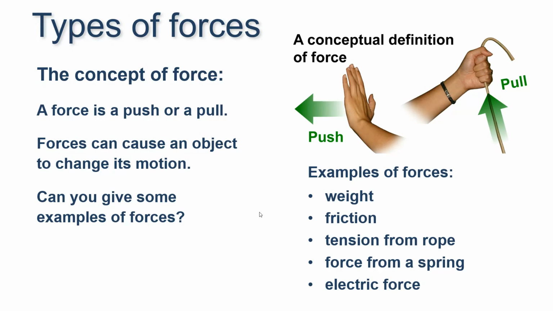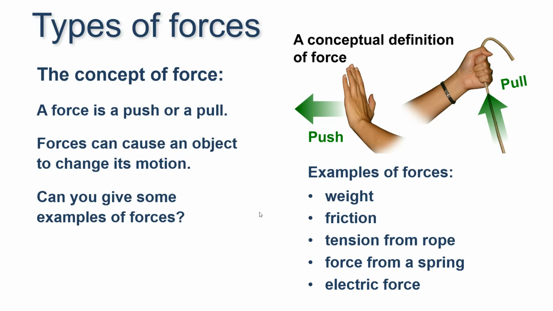If I push the spring like this, as soon as I let go, it's going to want to go back to its regular state. And then there's another thing called electrical force. It's actually electromagnetic, right? Electricity and magnetism are kind of the same. They're connected. In simple terms, I don't want to be all physicsy on you guys.